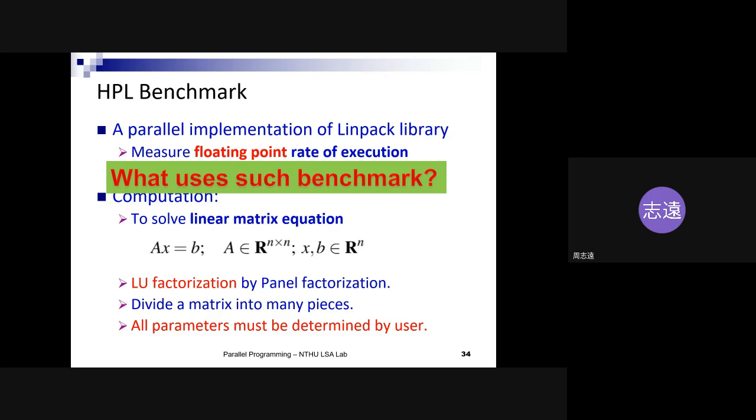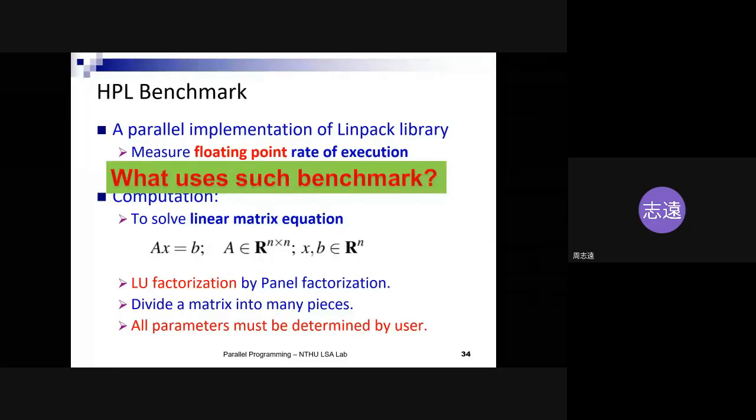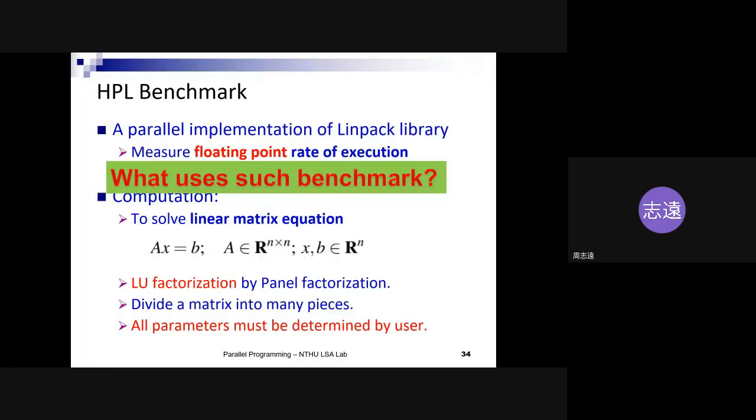So that's why it doesn't guarantee. It is not designed for deep learning, for example. Okay, so depending on your target application, people will pick different benchmarks, and they will follow that to optimize the software and the hardware, so that the users at the end can actually get the benefit from your performance.